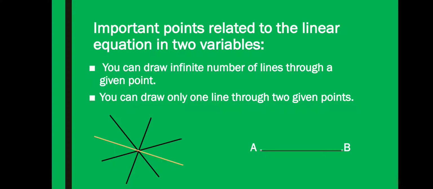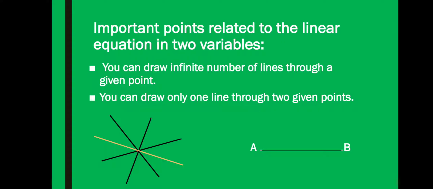There is no other line which can pass through these two points simultaneously. There is only one line, named AB, which can pass through two given points. But when there is only a single point, then we can draw infinitely many lines through that point.